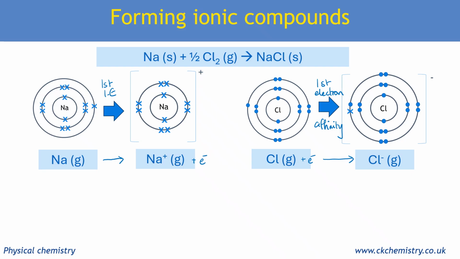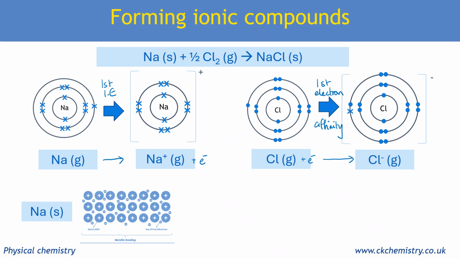You don't start the reaction to make sodium chloride with sodium gas and chlorine gas. You have sodium solid, which has metallic bonding. There are delocalized electrons. The electrons aren't in the outer shell. They're traveling freely through this lattice of positive ions and delocalized electrons.